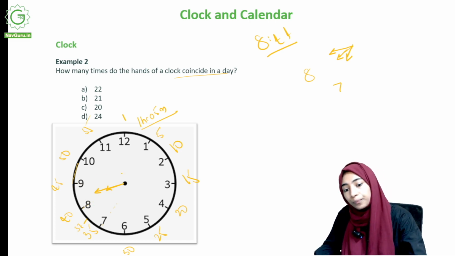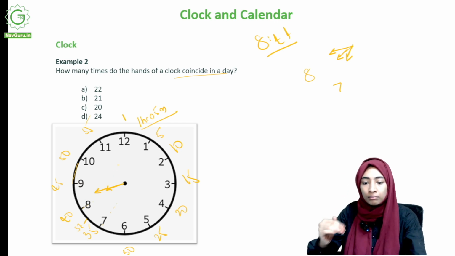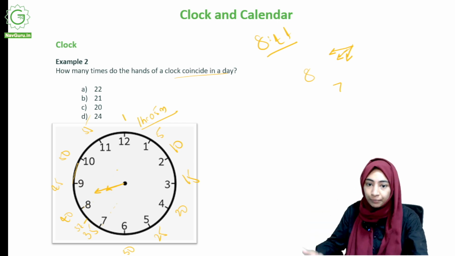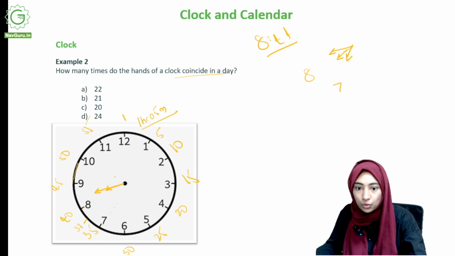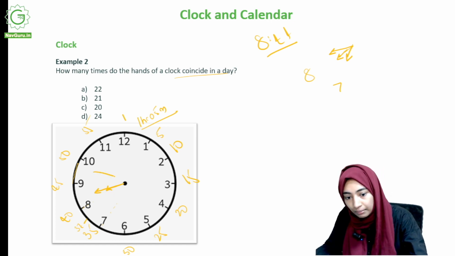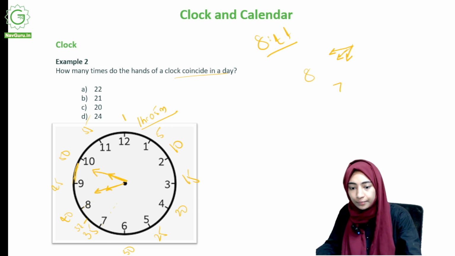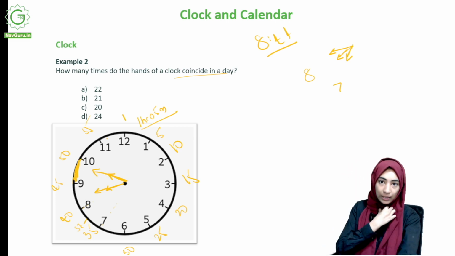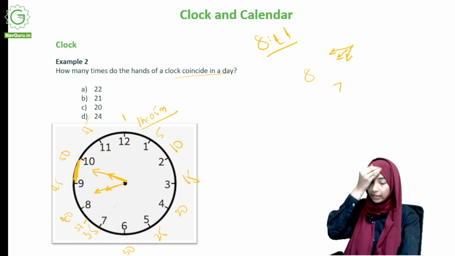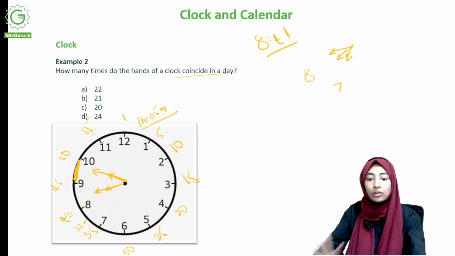At 9, it will coincide somewhere between 9:45 and 50, like say 9:47 or so. At 9:47, the minute hand will be here, the hour hand will be here, in between 9 and 10. So it will coincide. Now between 10 and 11 it's the same thing.